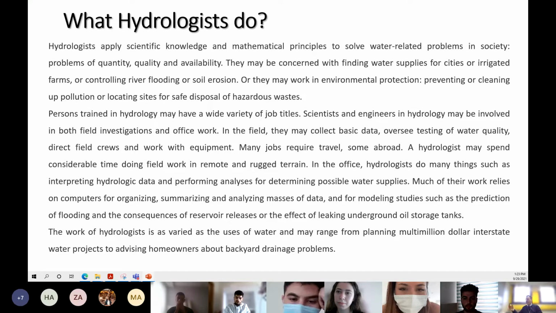A small example, for example, controlling river flood. In Antalya, what project do we have? In Antalya, Boğaçay River. You see, about three years ago, they started to change the estuary of the river, the point where the Boğaçay River releases into the Mediterranean Sea.